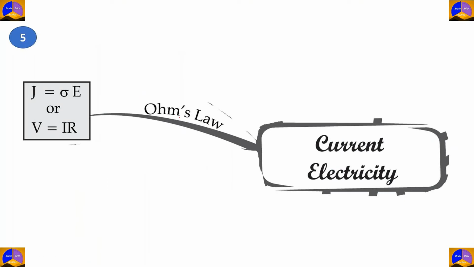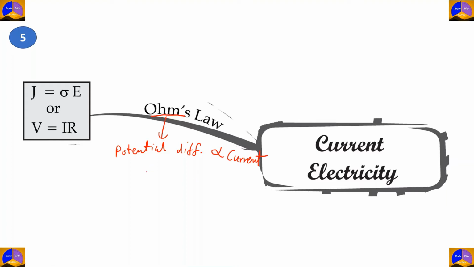Now we move on to a very important part of this chapter, which is known as Ohm's Law. A scientist named Ohm put forth the statement that the potential difference across the ends of a current carrying conductor is directly proportional to the current flowing through the conductor.